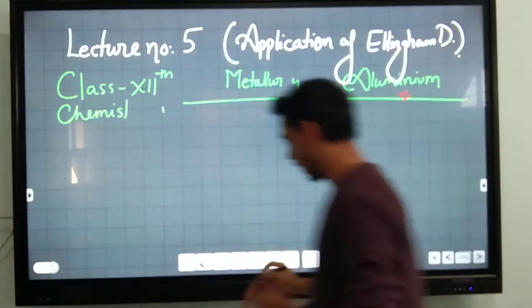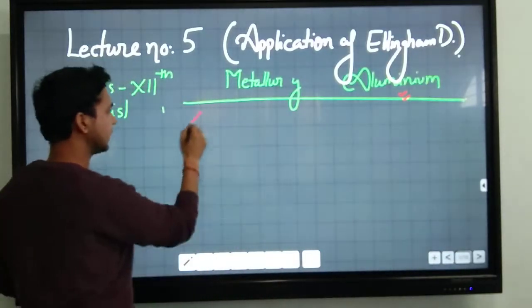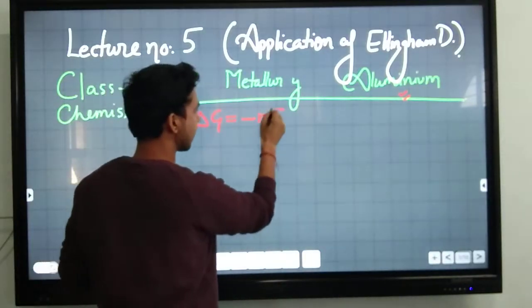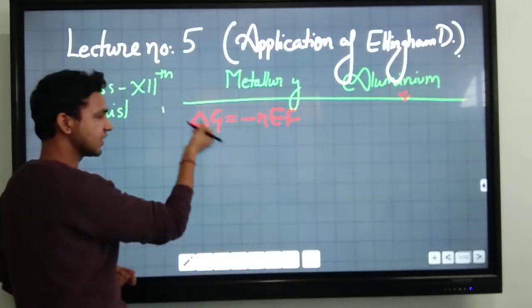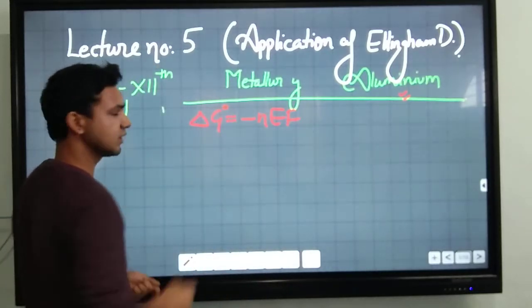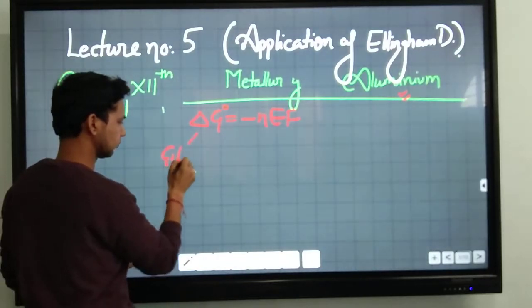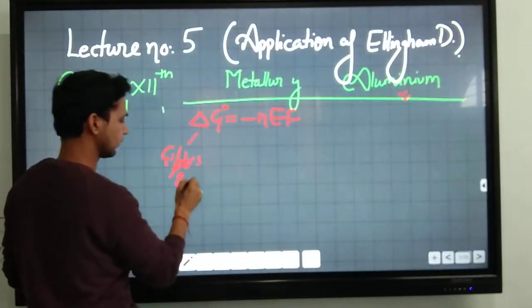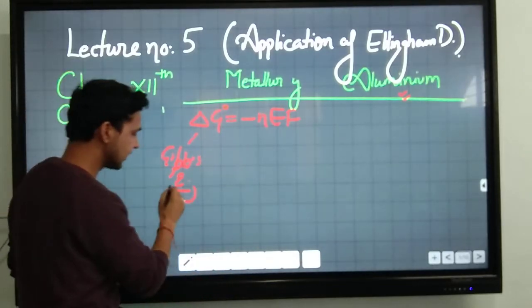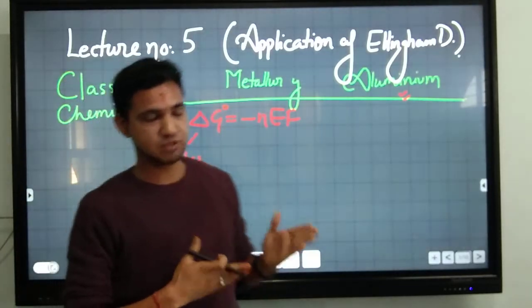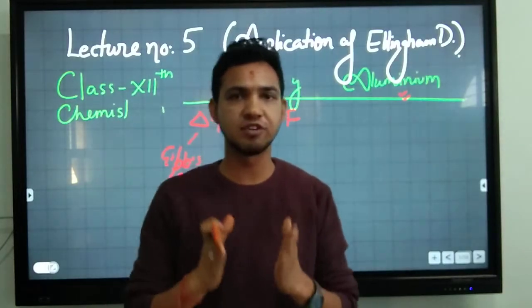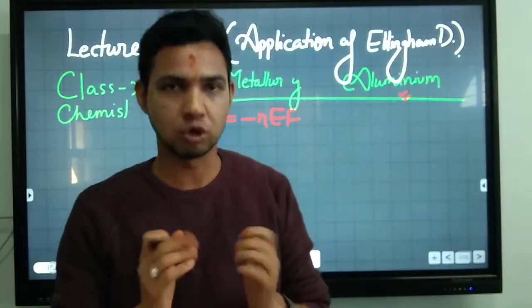So see guys, I'm just going to explain delta G equals minus nFE. So what is delta G? You know, delta G naught is the Gibbs energy. Gibbs energy is always negative for a feasible reaction. These negative values help us identify whether the given reaction is spontaneous or non-spontaneous.